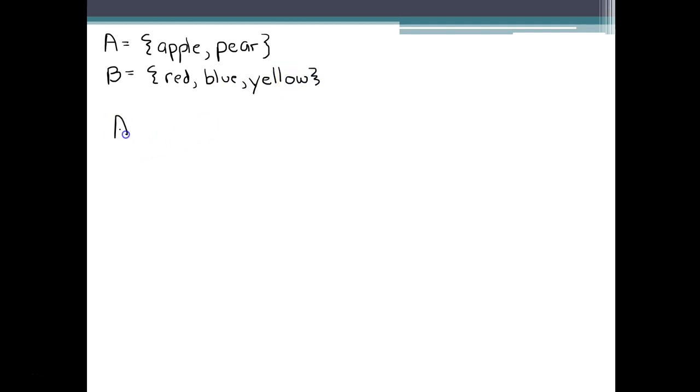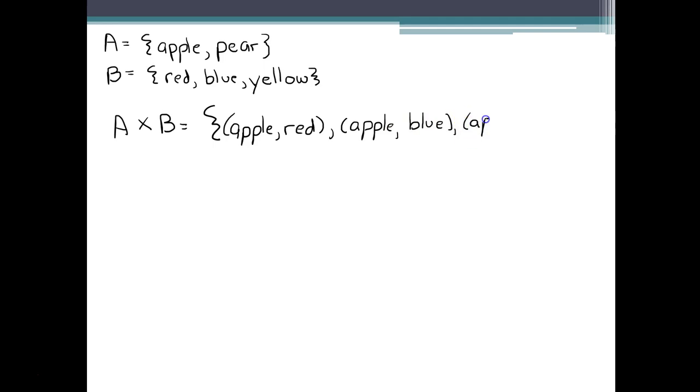Well, if you're going to do A cross B, Cartesian product of A and B, you're going to make ordered pairs where apple and pear are the x-coordinates and red, blue, and yellow are the y-coordinates. So you'll have apple, comma, red. You'll have apple, comma, blue. Apple, comma, yellow.